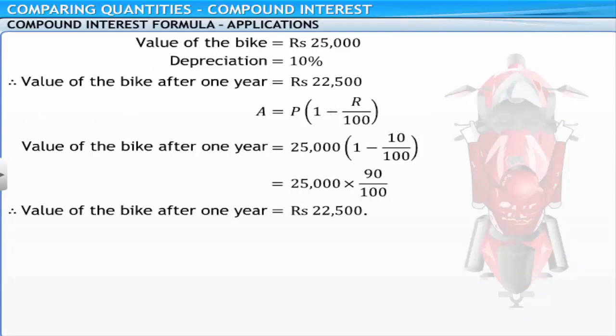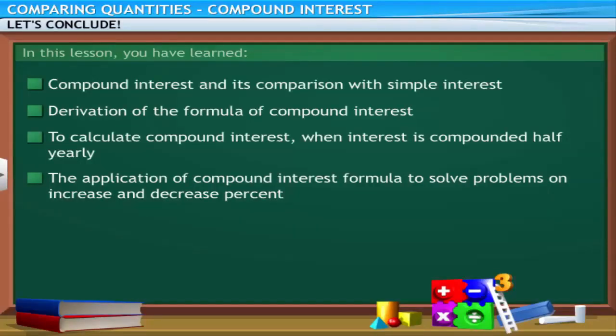as the earlier result. We have seen that the compound interest formula can be applied to solve problems on increase and decrease percent. You have reached the end of this section. Before moving on to the next section, let's recap the key points covered.